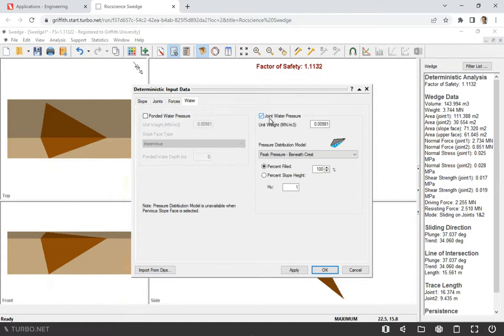I'm going to click here, joint water pressure, and this one is percent filled. Let's say there was some water, a little bit of damp, so I'm going to put 20% here, the percent filled of the joint. Now I'm going to click OK.